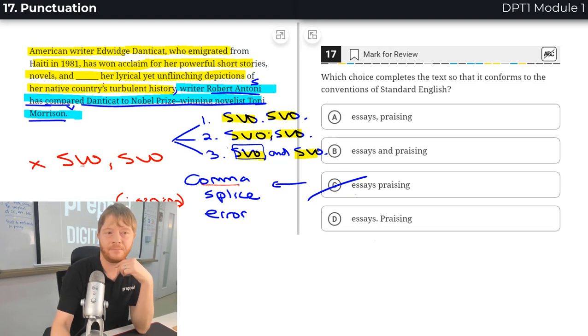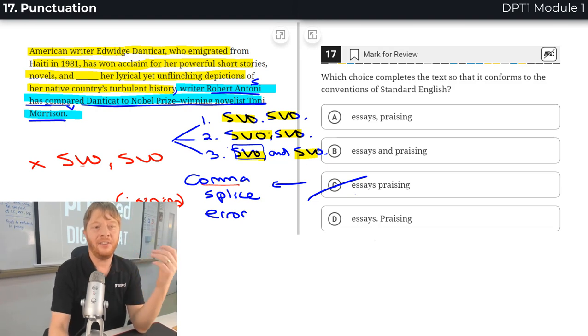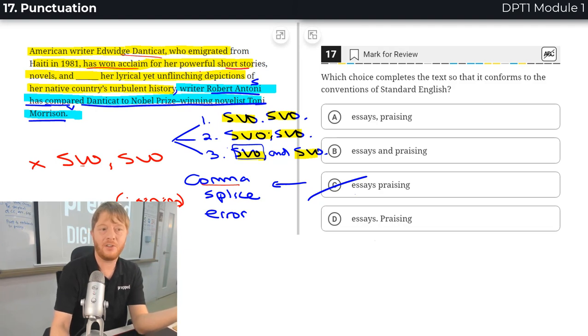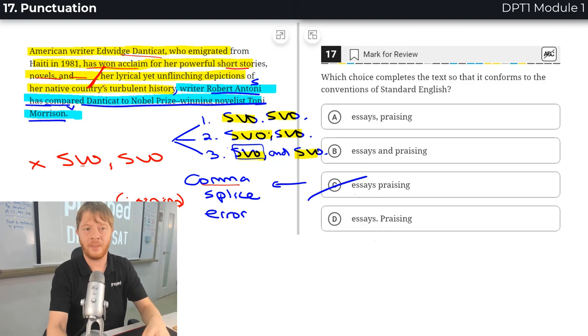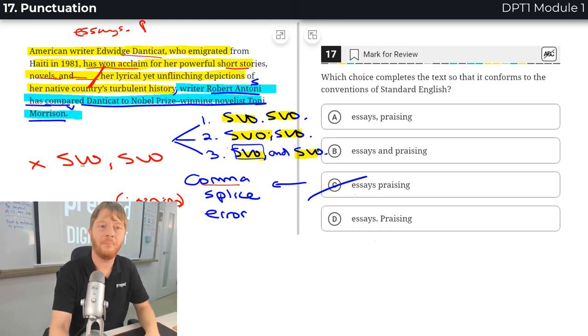I'll read it one more time. Edwidge Danticat has won acclaim for her powerful short stories, novels, and her essays. To that point, it's a full sentence. Essays. Period.